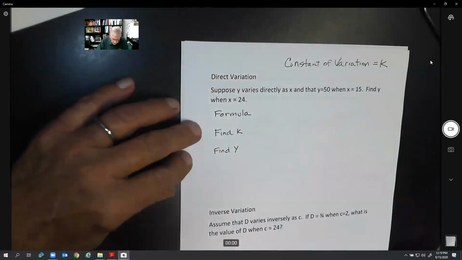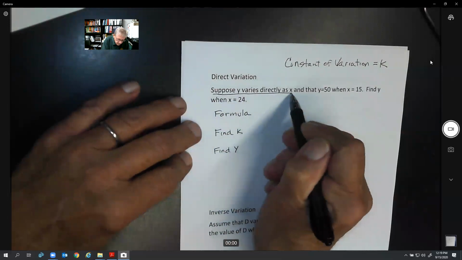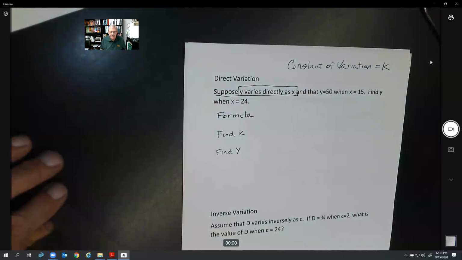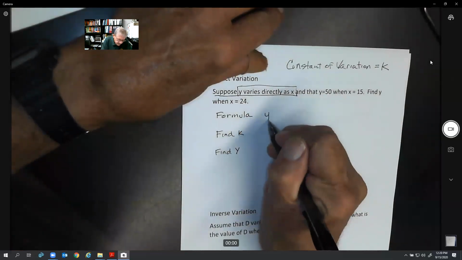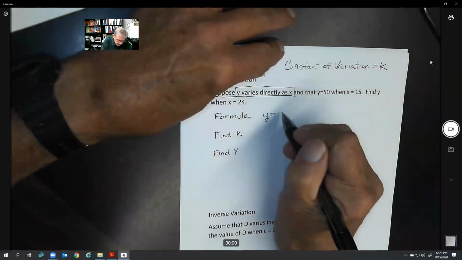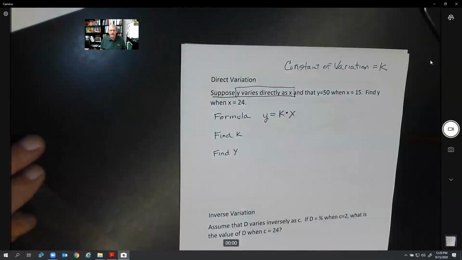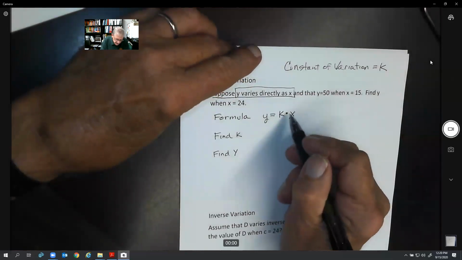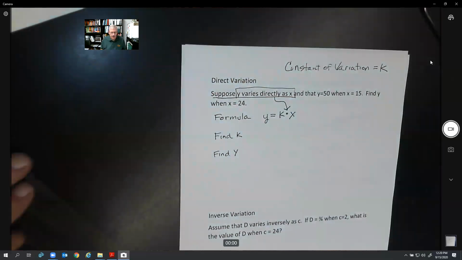We get our formula from the first part of the problem. It's telling us what we're going to do right here. Y varies directly as X. So we're going to write that as Y equals, and here's where our constant of variation comes in, K times X, like that. That's our formula. If it's direct, it's always times. Direct is multiplying right there.